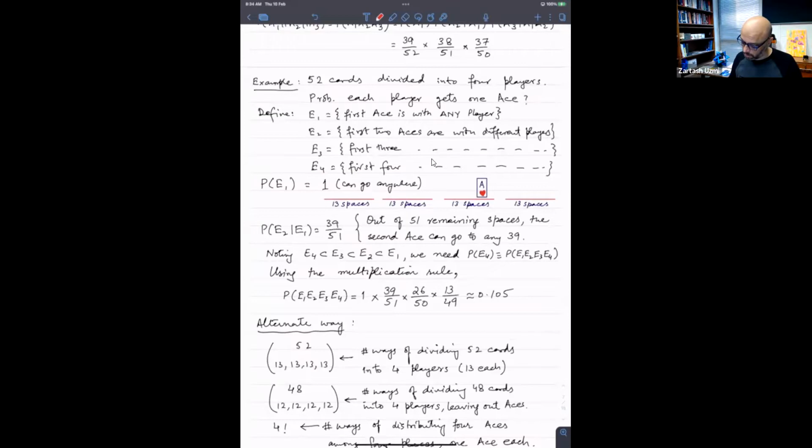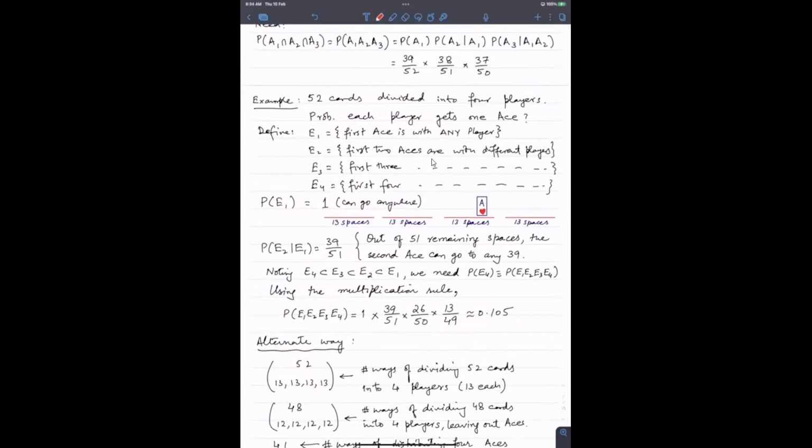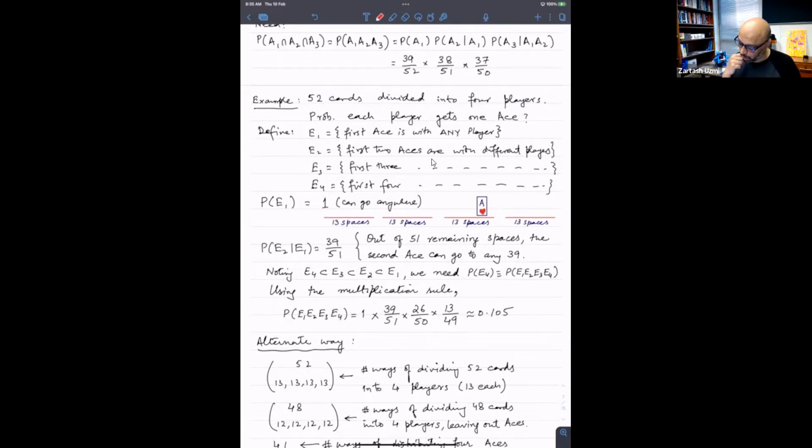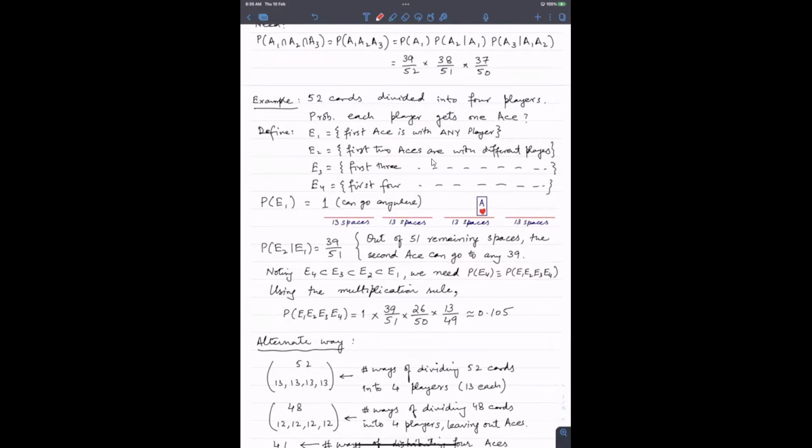I understand why we did it like this, but I wanted to ask that if we didn't partition this into 13 spaces and we just said that we have 4 people, then the probability that the second ace goes to any of the 3, can't we do 3 by 4? Why didn't we do it like that? 3 by 4. Other than if we take out that one person.